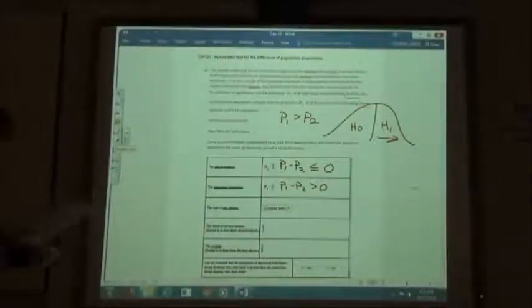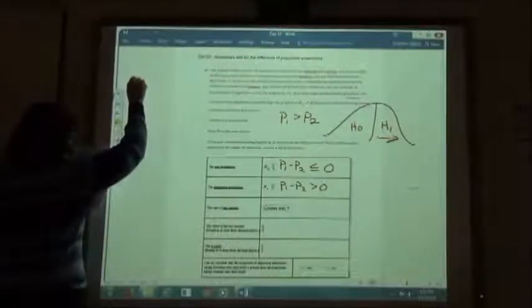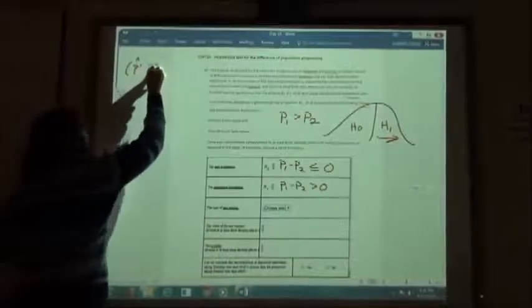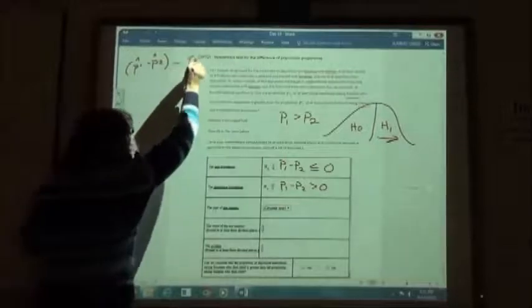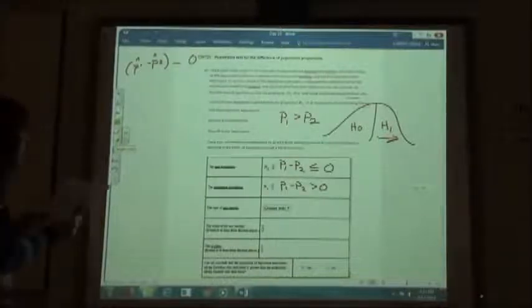So, this time when we do our formula, we are going to do P hat 1 minus P hat 2. Again, we're subtracting the 0 part, so we're not going to worry about it because we know the difference is 0. But if you look in the book, they'll have that in there.